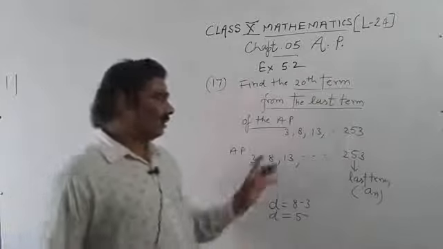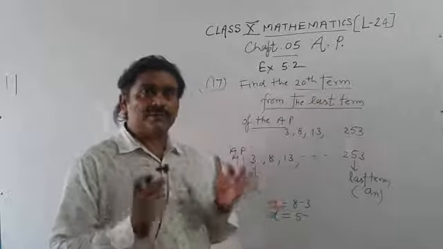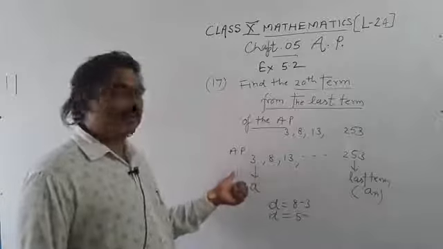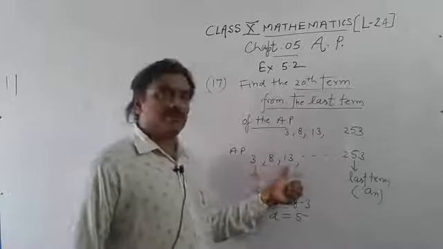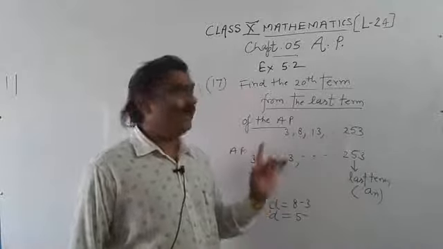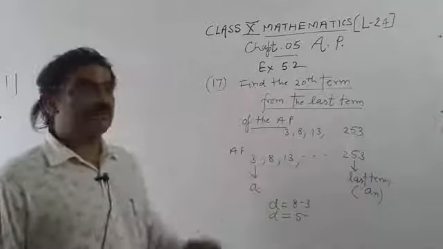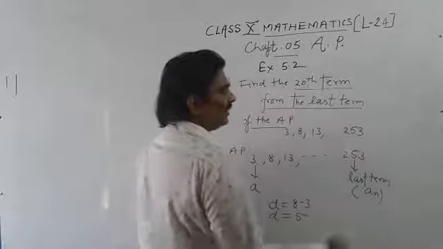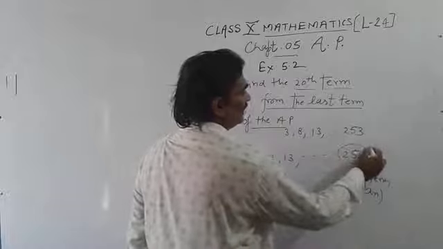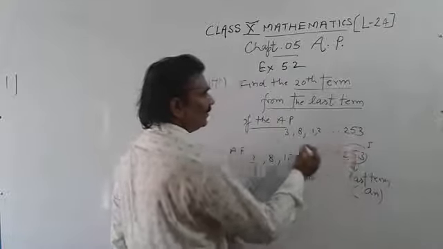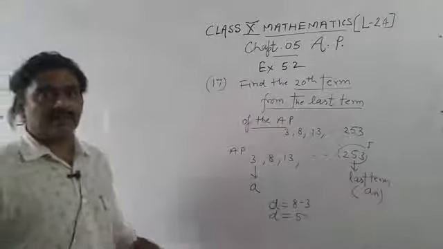Generally we count the number of terms from the left hand side, like first term, second term, third term. But in this question it is asked to find the 20th term from the last, which means you have to consider the last term as the first term: first, second, third, fourth, then in reverse order.